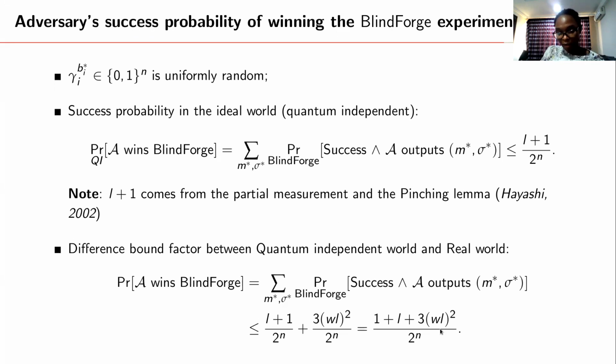And we can see that since W, the security parameter, and L, the number of hash chains, are both constant, this probability depends on the security parameter n. And since the security parameter is quite large, this bound happens to be negligible.